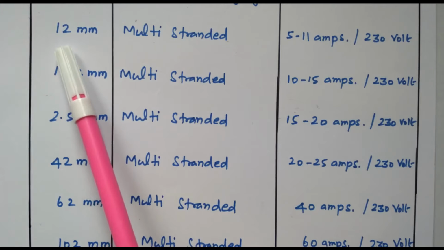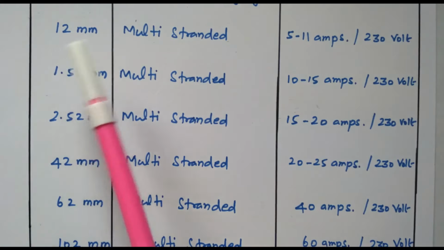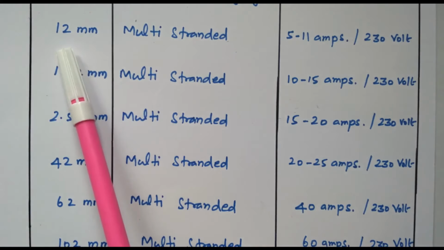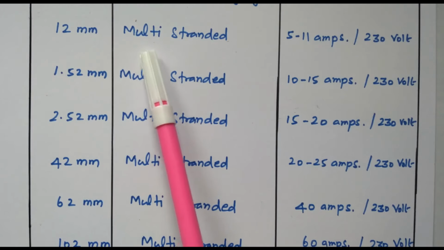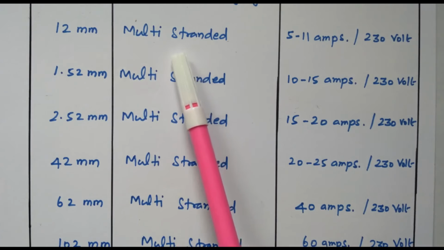The size of the conductor is given as 1 millimeter, the thickness or radius. This comes under multi-stranded. Multi-stranded means n number of coils are available with 1 millimeter thickness. What we discussed earlier had only one conductor.